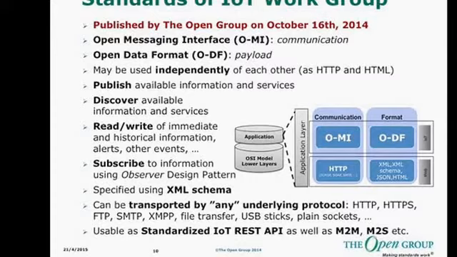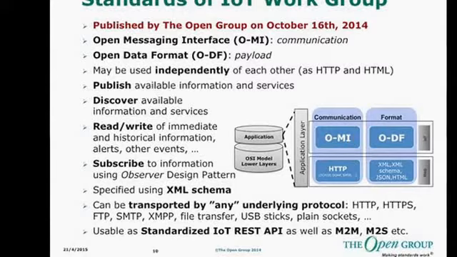Both standards, OMI and ODF, are specified using XML schema. And one thing that makes them quite different from most or maybe even all Internet of Things standards that I'm aware of is that they can be transported by any underlying protocol, more or less.